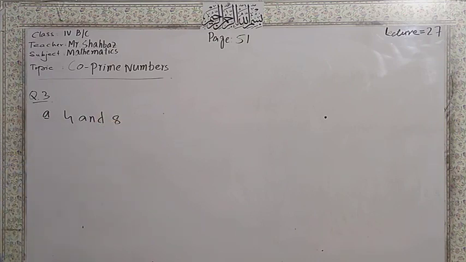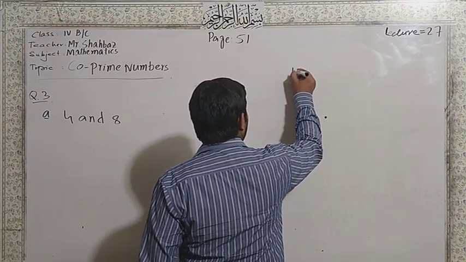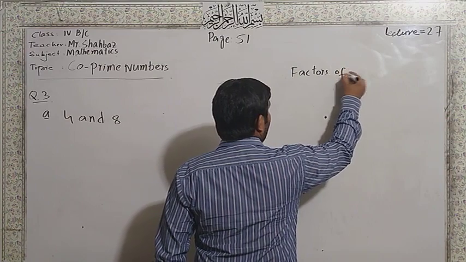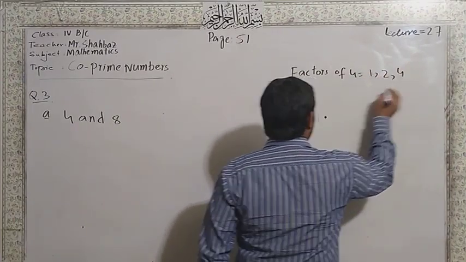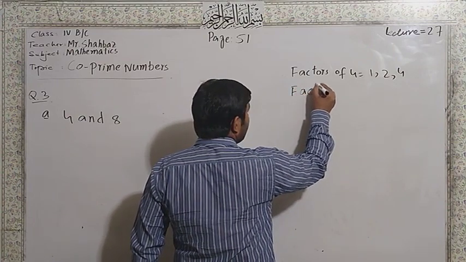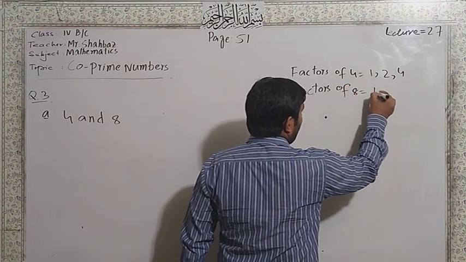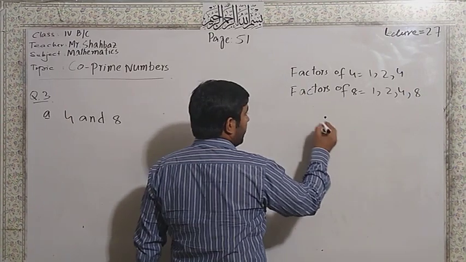We have to do rough work here. Factors of 4 are 1, 2 and 4. And factors of 8 are 1, 2, 4 and 8.